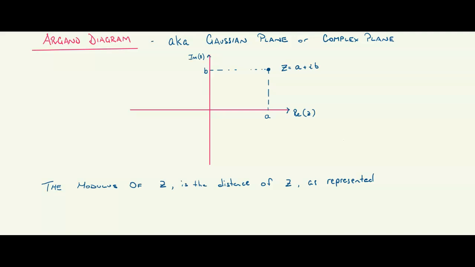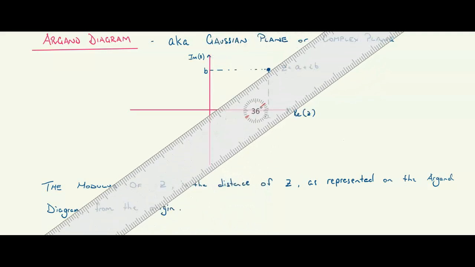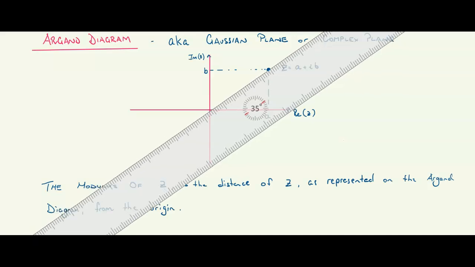It's the distance as represented on the Argand diagram from the origin. So the distance of the point, the complex number, from the origin is this distance right here. If we join the origin to our complex number, it's that distance there.